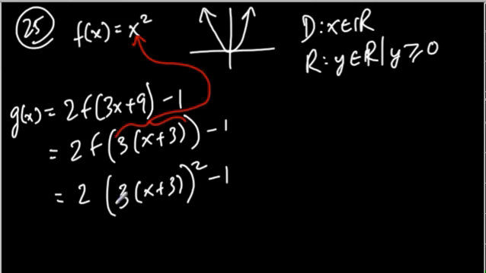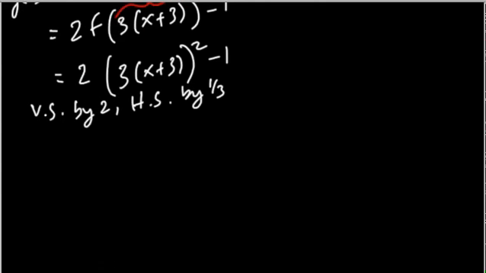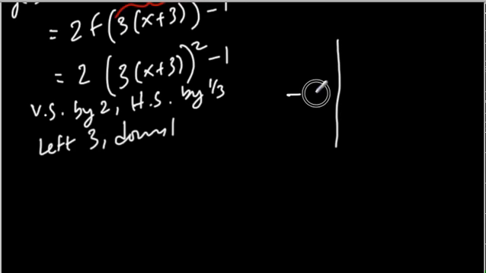So what you can observe is that there's a vertical stretch by 2, a horizontal stretch by 1/3 because of that 3. And then we go left 3, down 1. The vertical and horizontal stretch won't affect the direction, and there's no reflection, so we're fine.